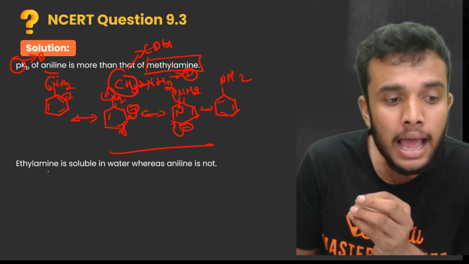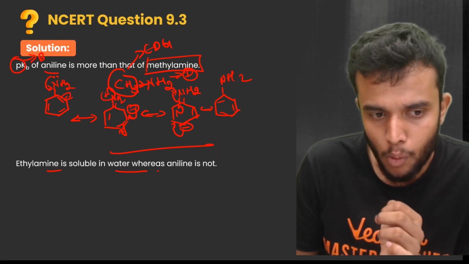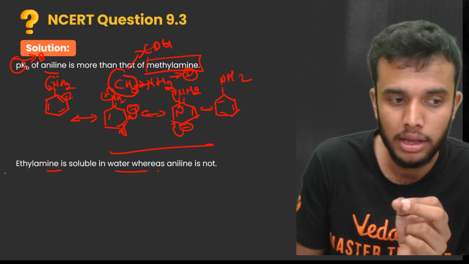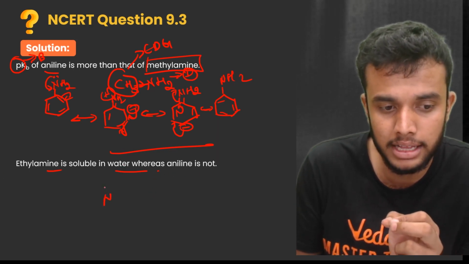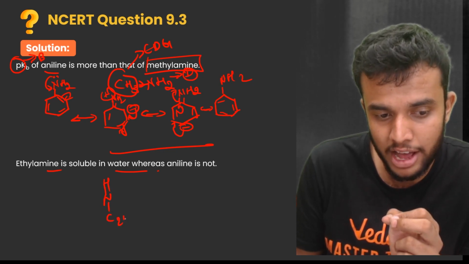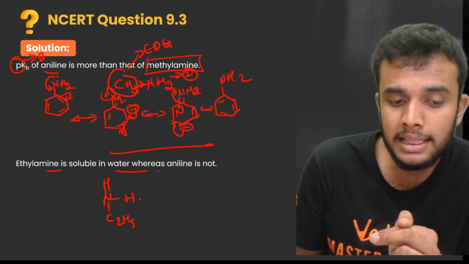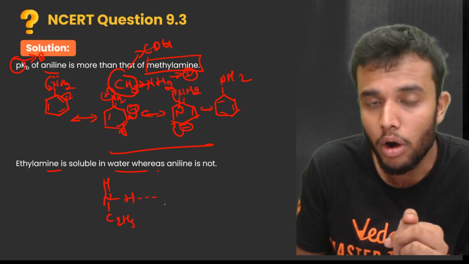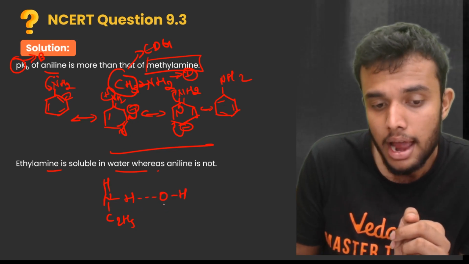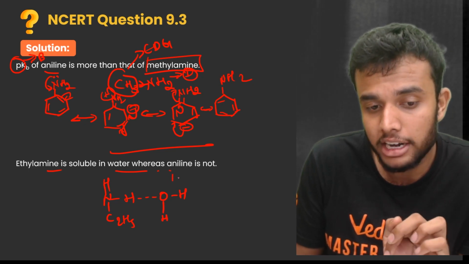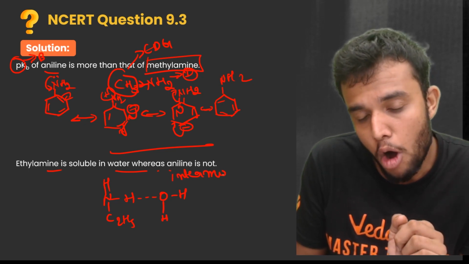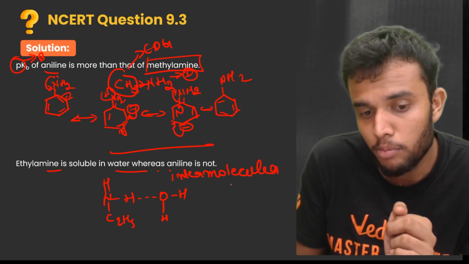Second one: ethylamine is soluble in water, whereas aniline is not. What is the ethylamine structure? C2H5 and NH2, right students? What happened? In ethylamine, hydrogen bonding is there, that's why it forms an intermolecular bond with the water molecule.